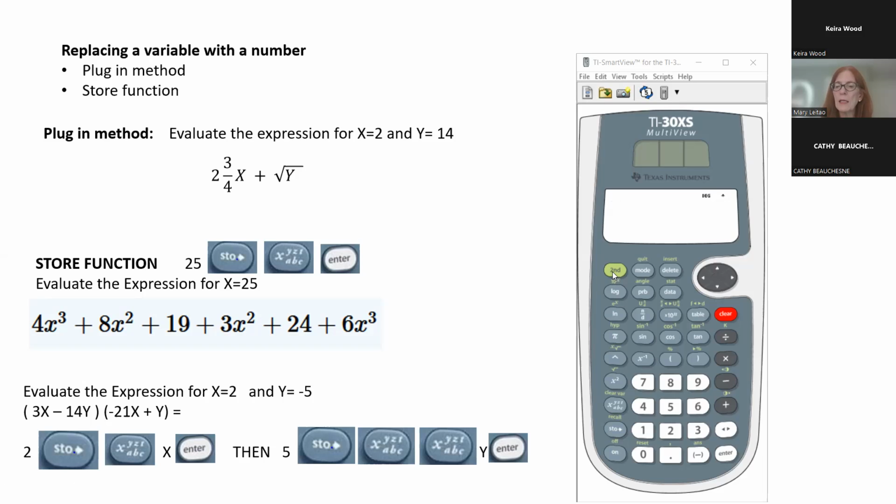So let's go ahead and go into that mixed number. 2. Move over into the fraction, 3. Down into the denominator, 4. Out of the fraction. And instead of an x, I'm going to put in a 2.